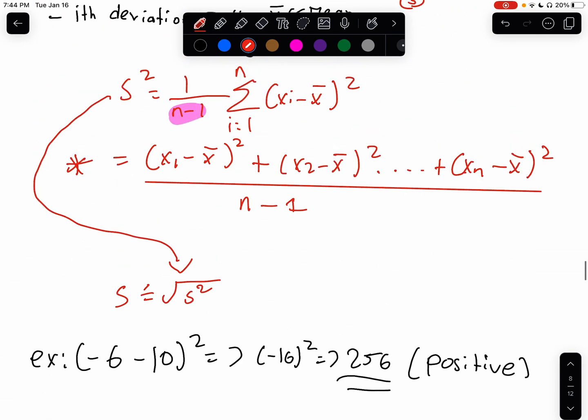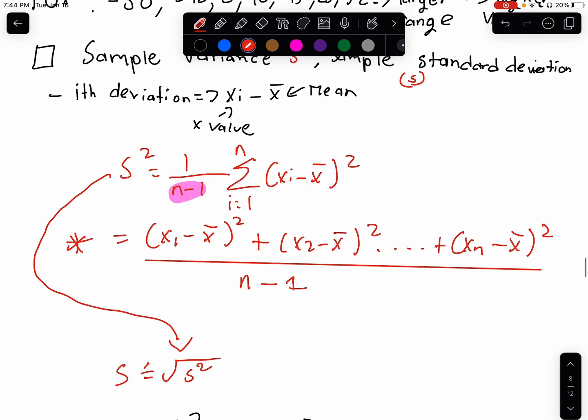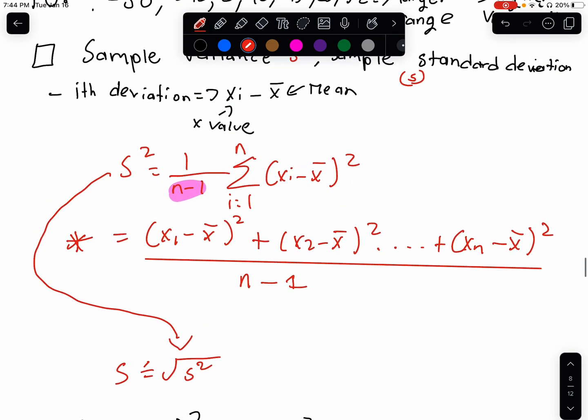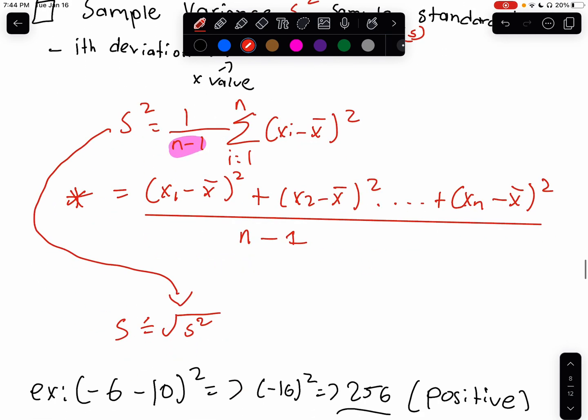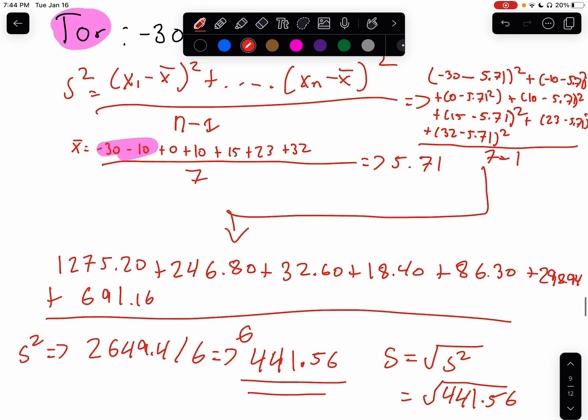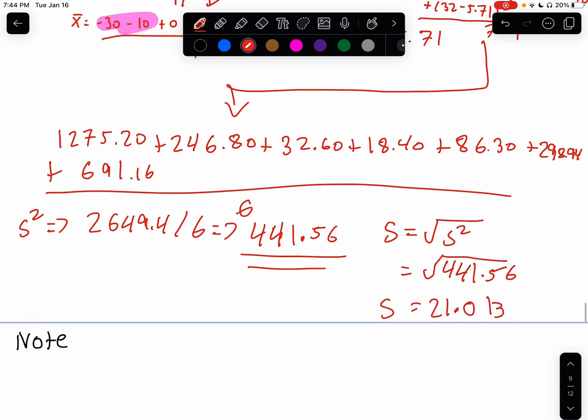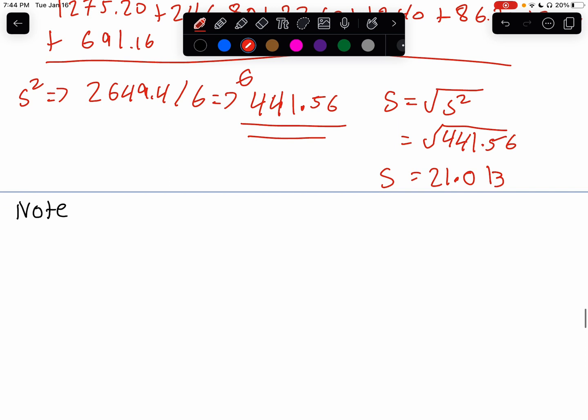Awesome. So as we do this, remember we're using all of our x values, minus the mean, squared, divided by n minus 1 to get a sample variance of s squared. All right, as we go down, we have to note a few things for our data.